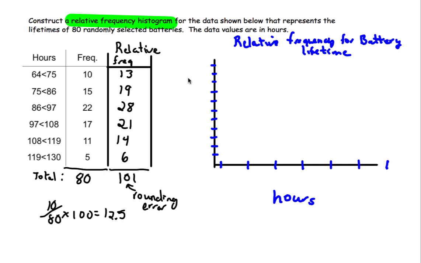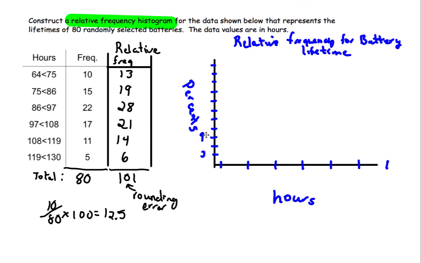And I went ahead and used a ruler to make my tick marks. And notice I don't have to do the same spacing for the x-axis as I do for the y. Okay, so let's see. Let's count by threes on the x-axis.